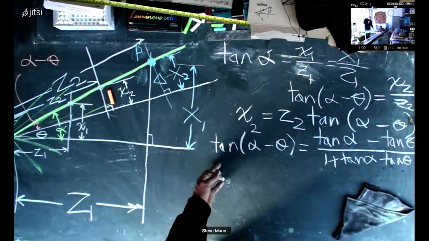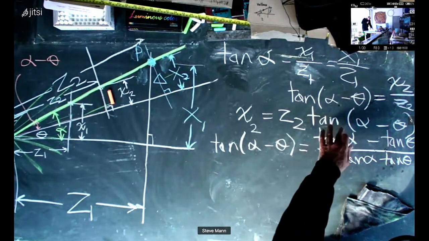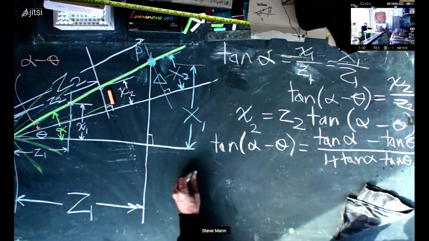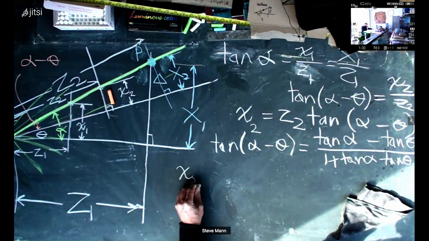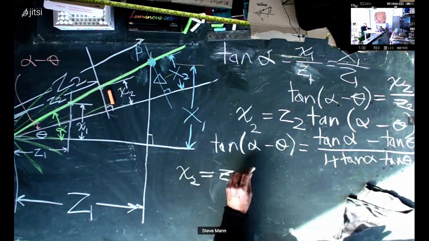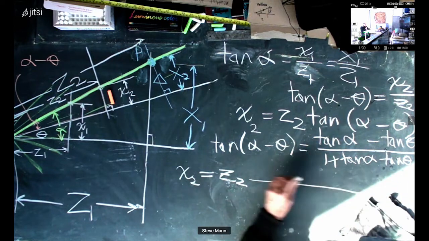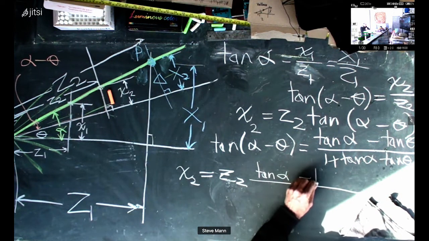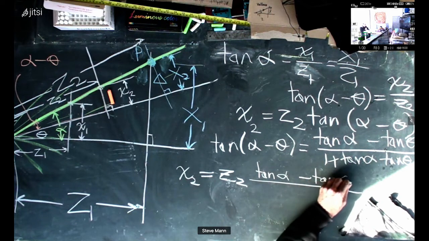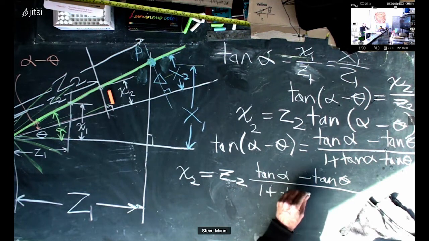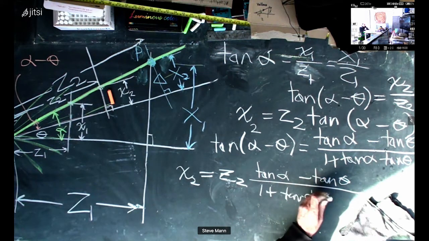So using this identity here, we can see that this is just z2 times that. So we have that x2 equals z2 times this fraction, tan alpha minus tan theta over 1 plus tan alpha tan theta.